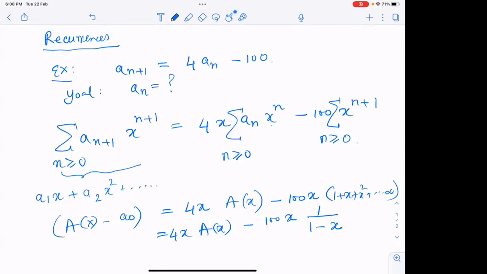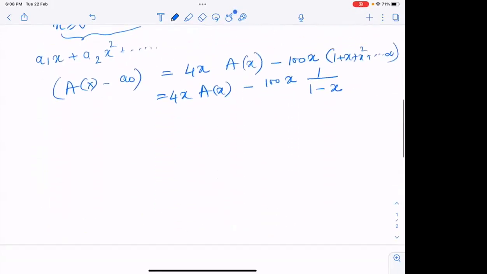Yes, sir. That's what I didn't understand. What do you mean by formal identity? Okay, I don't know whether you studied rings, but if R is a ring, you can define R[[x]].